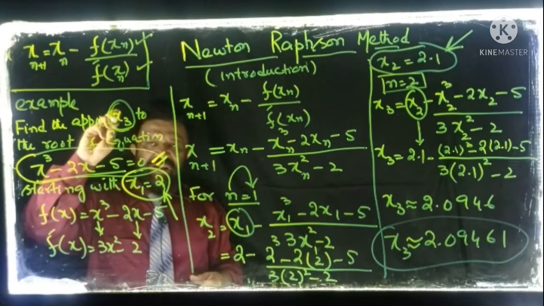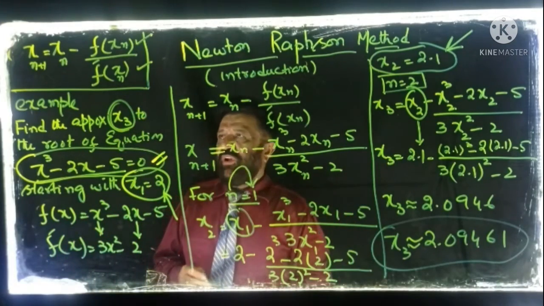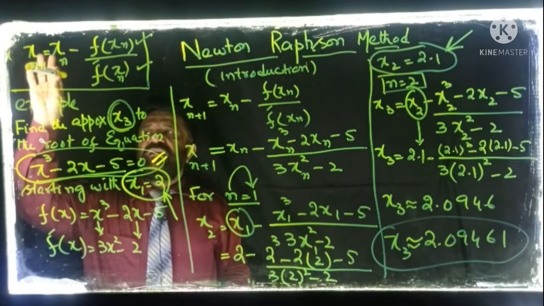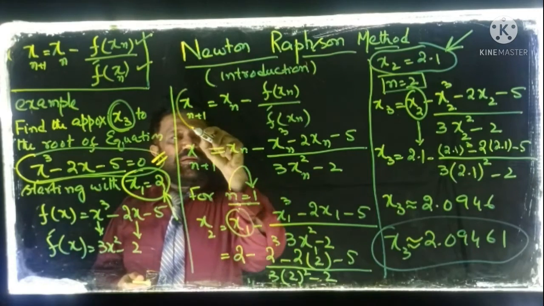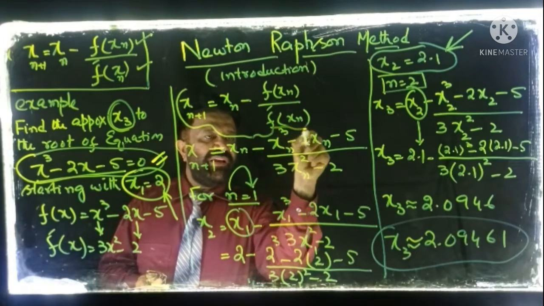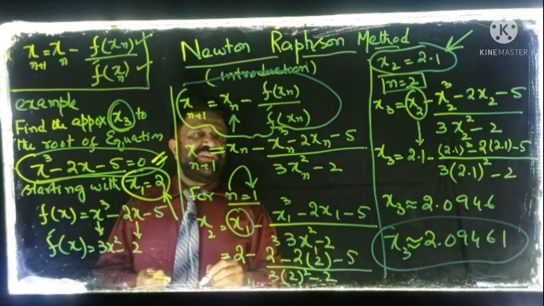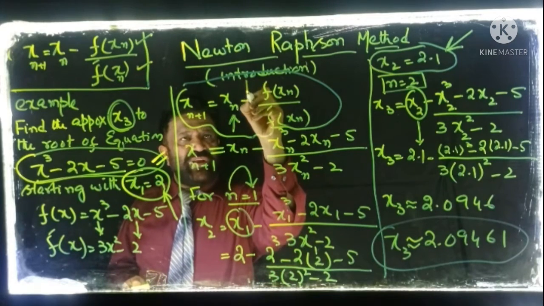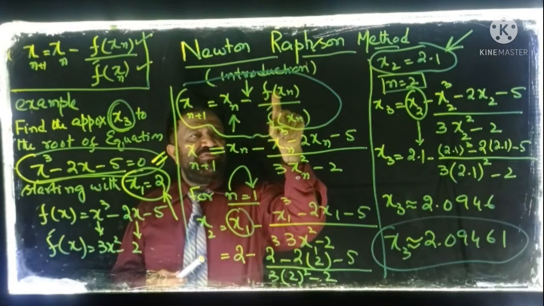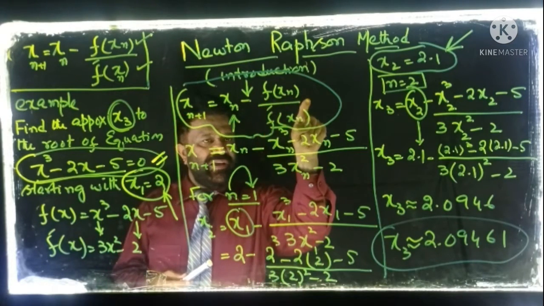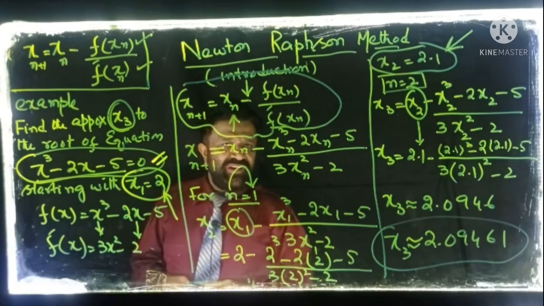So for finding the value of x3, you adopted this procedure. You have written the formula, x_{n+1} equals x_n, then there is a minus sign over here, please remember it, minus f(x_n) divided by f'(x_n).